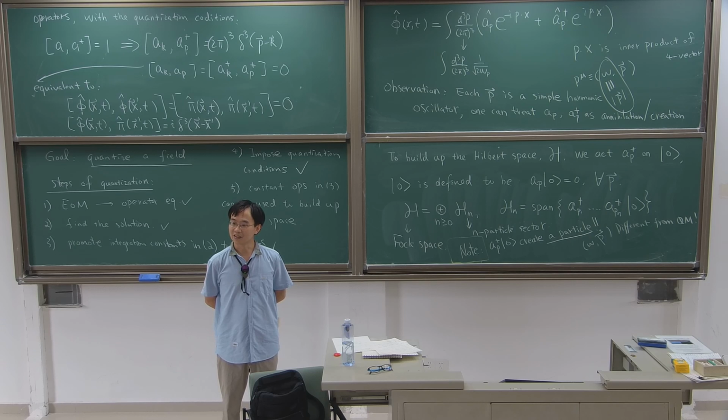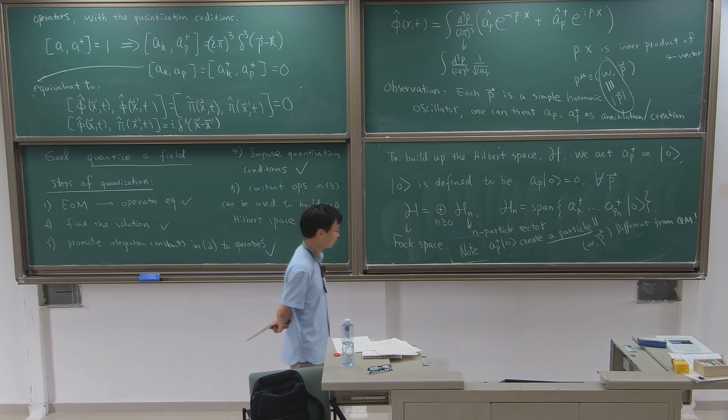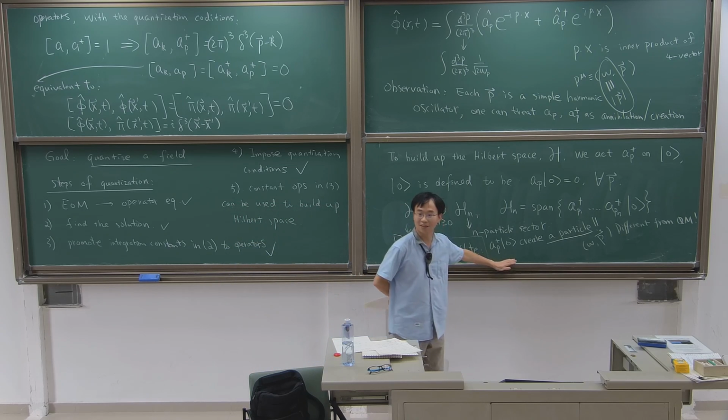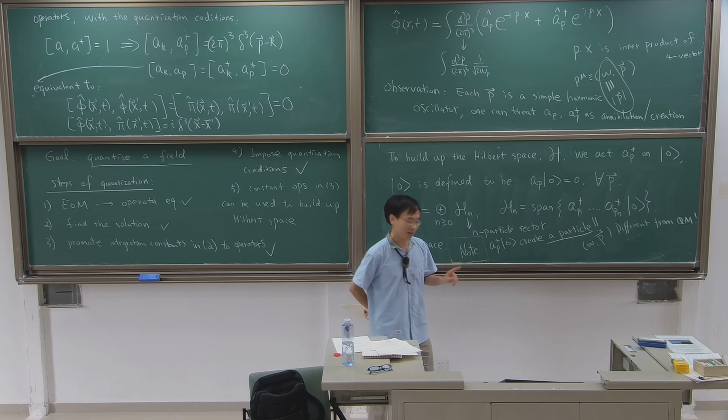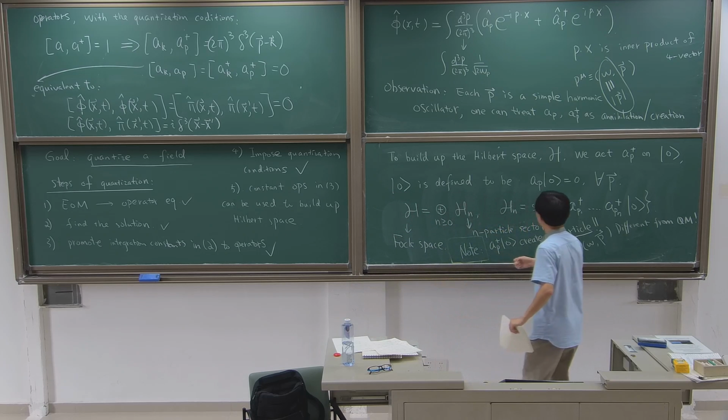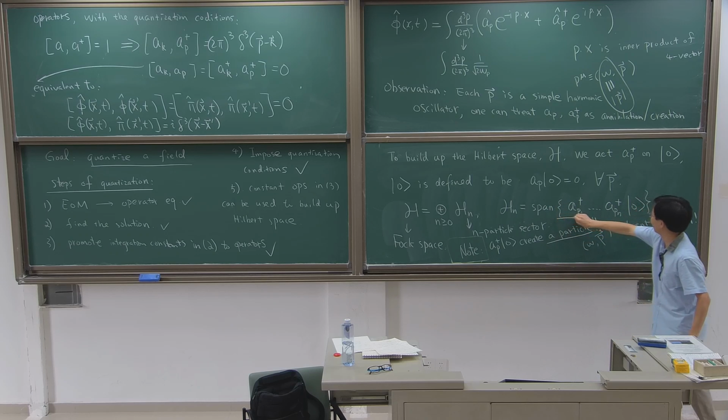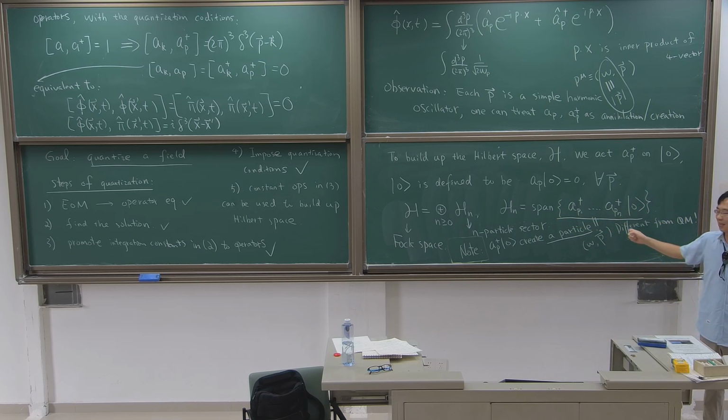Indeed, the correct way to interpret such a state is this. If you do more of these operations, you create a state like this. This is an n particle state. The n particles all carry different momentum, p1 to pn. The state is describing such an n particle system.